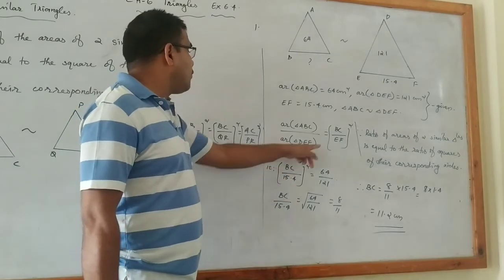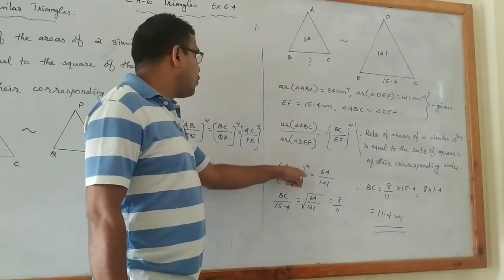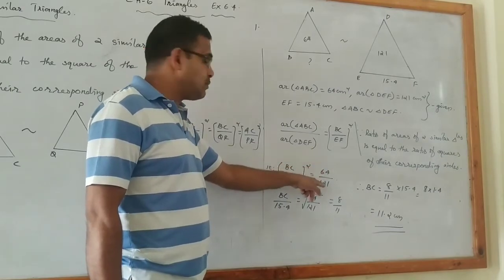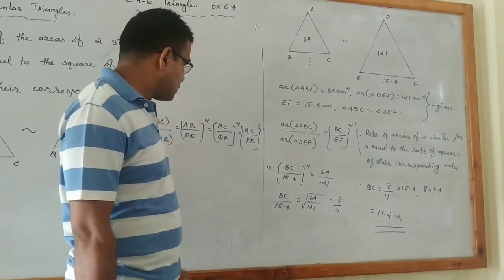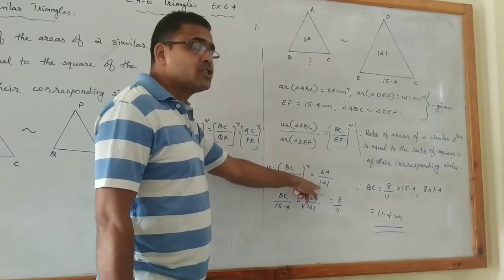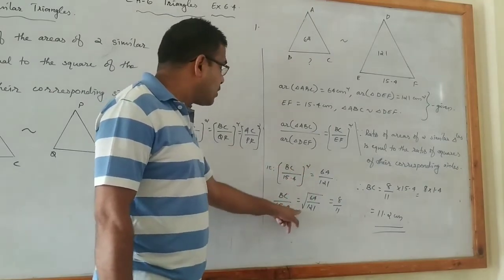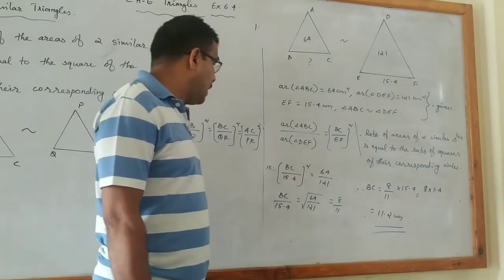EF is given as 15.4. That is (BC by 15.4) whole square equals 64 cm square by 121 cm square. Therefore, BC by 15.4 equals the square root of 64 by 121, that is 8 by 11.